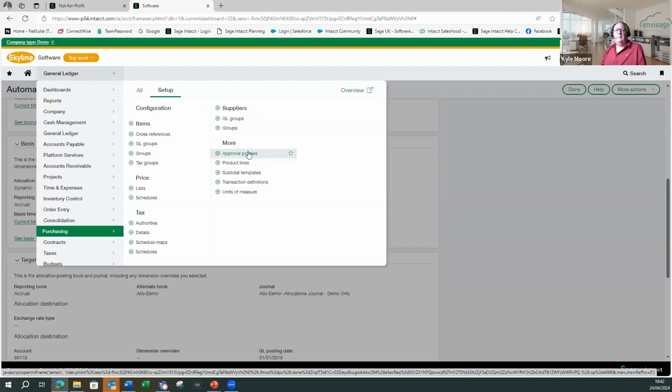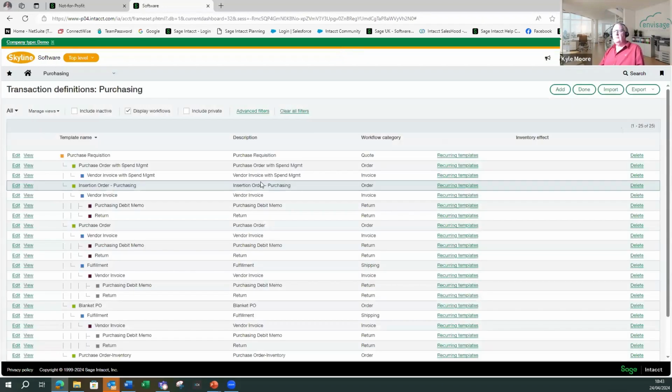So we can get people to approve via who their manager is, via what department it is, via lots of different things, what general ledger code it may be. And we can combine that with the likes of our transaction definitions.